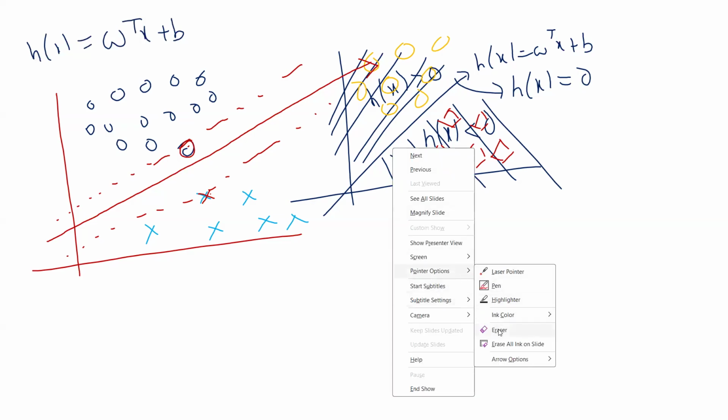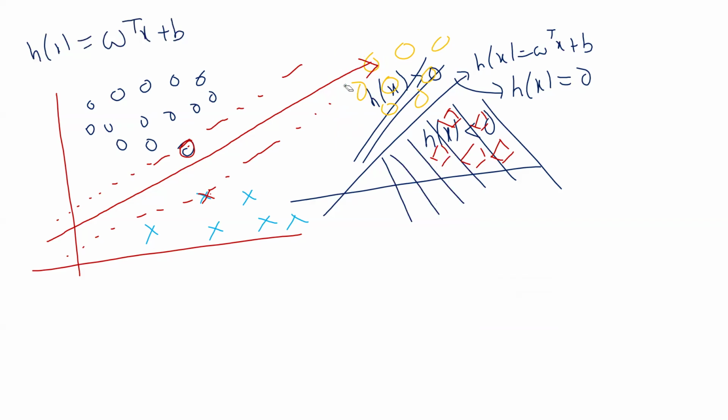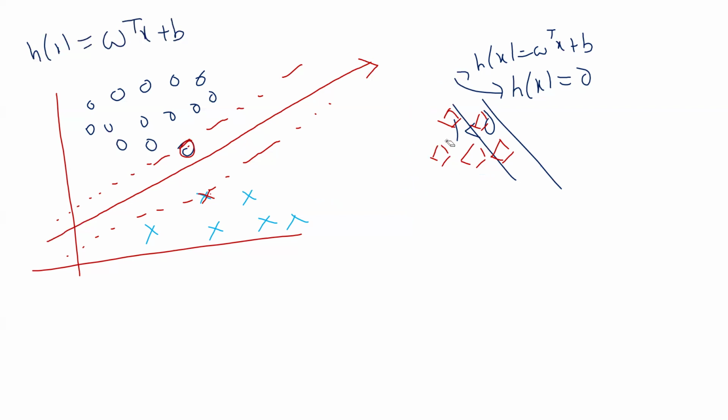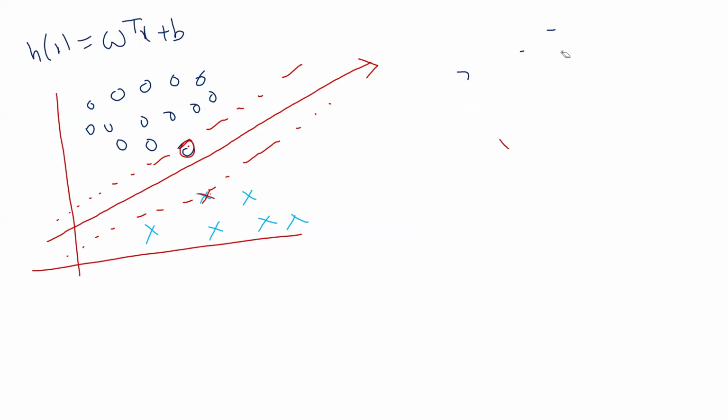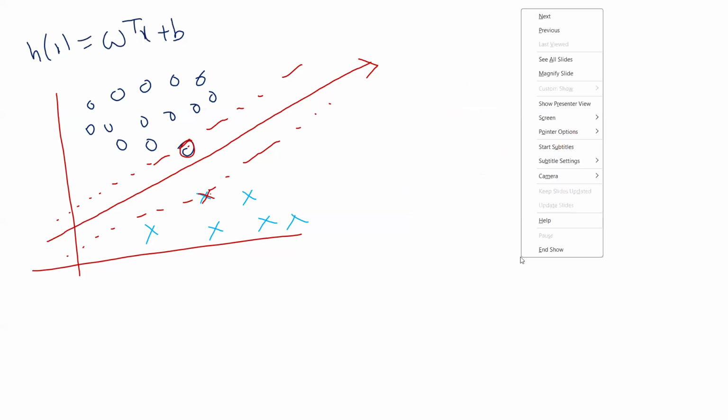We are able to separate this data linearly with a linear hyperplane. Okay, so now we got the hyperplane, which is h of x. Now h of x is equal to 0 is this particular line.